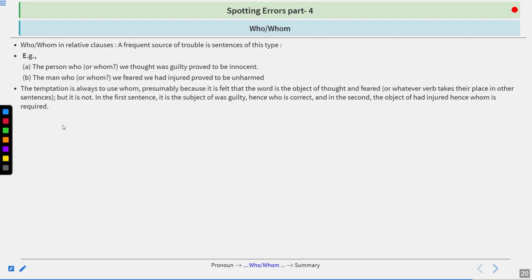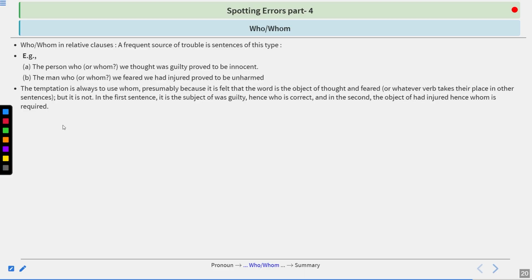The temptation is always to use whom, presumably because it is felt that the word is the object of thought and fear, or whatever verbs take their place in other sentences, but it is not in the first sentence. It is the subject of was guilty.